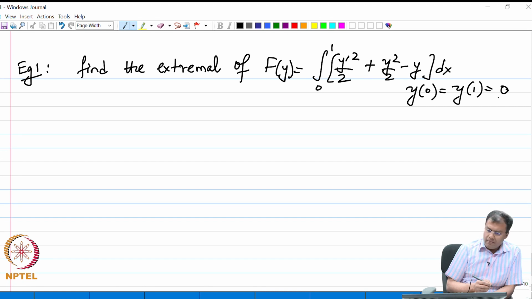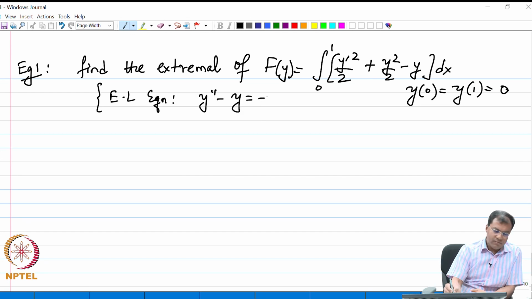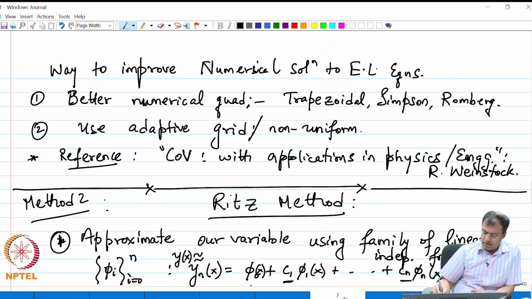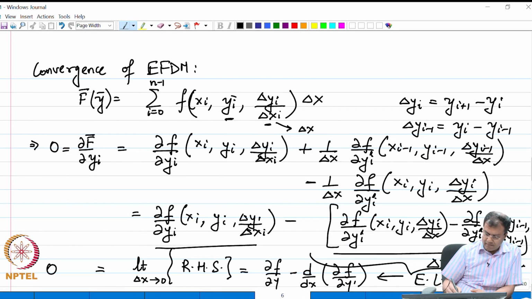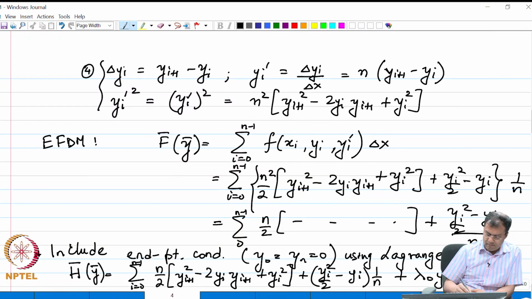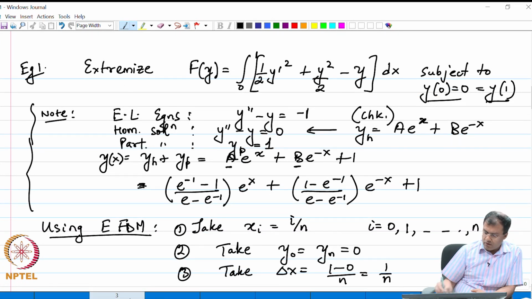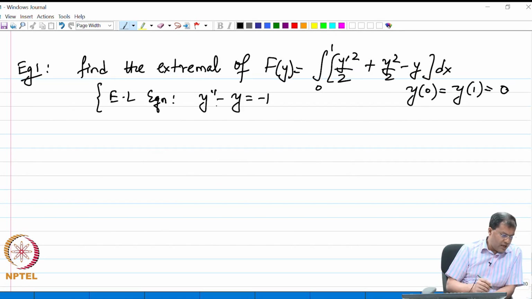I know that my Euler-Lagrange equation reduces to the following ODE for this problem, and let us go back a few slides to check what the solution was. We get the following ODE. Whatever solution we get via the Ritz method, we can check it against the solution of the Euler-Lagrange to see how close it is to the exact solution.